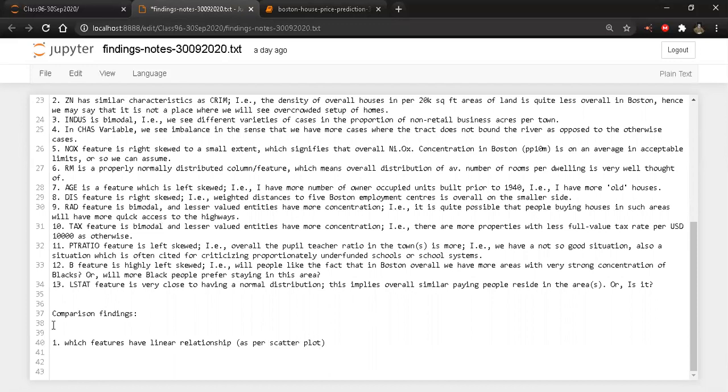I'm just going to write the name of the feature, so that is going to make it quicker, right? I'm going to look at that output and write it over here. So what are the features that have a linear relationship, and what are the features that don't have?